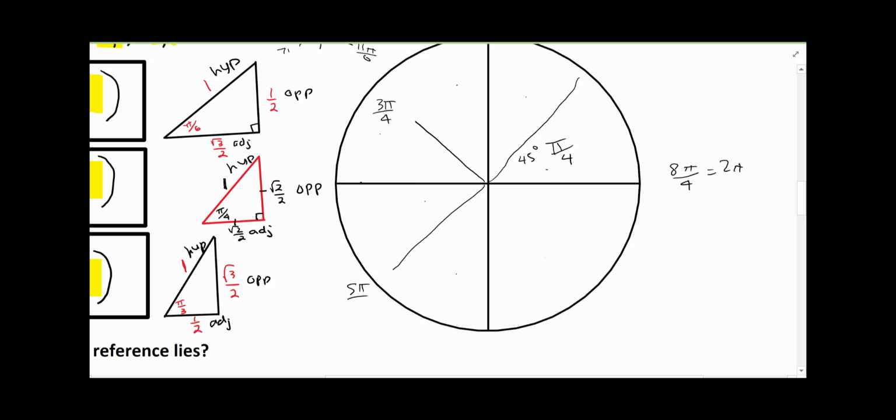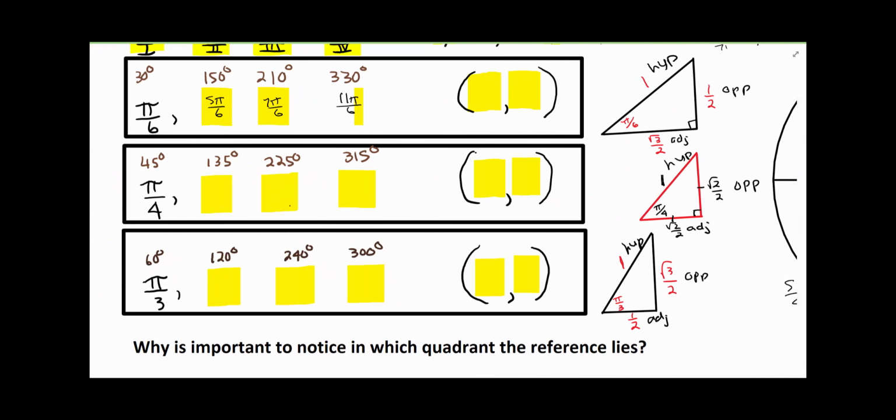And remember, we're talking about these reference angles right here. So 5 pi fourths, this would be 6 pi fourths, 7 pi fourths.